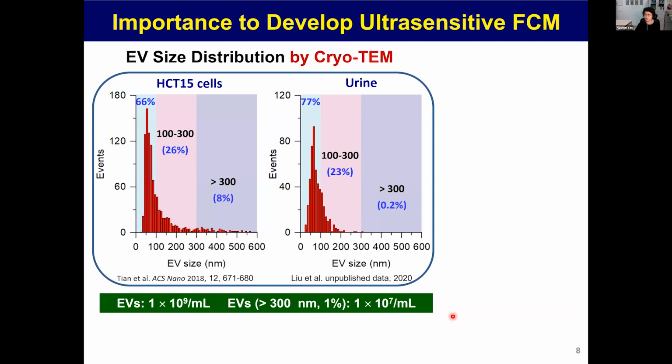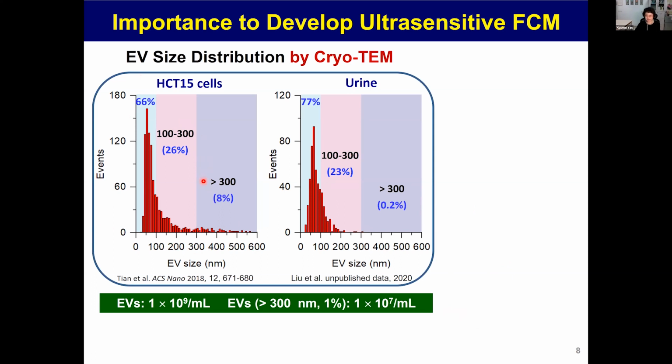This concentration is good enough for flow cytometry analysis, as normally for cell analysis, the concentration we use is 1 × 10⁶ to 10⁷. Even though flow cytometry can detect EVs larger than 300 nanometer, no problem, but we need to be aware that conventional flow cytometry does miss the majority population of EVs.